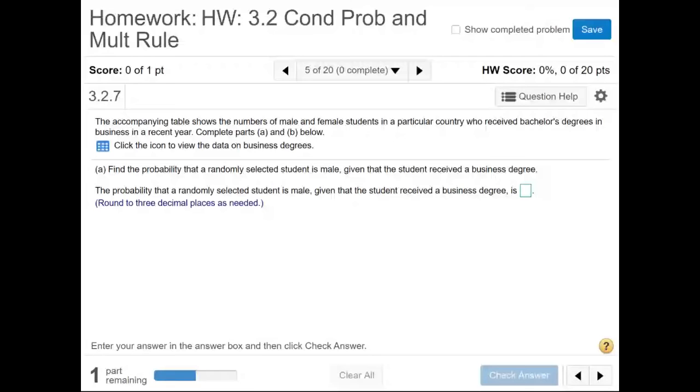So this is problem number 5 in your 3.2 homework. In case you can't open it, I wanted to show you what it looks like. It says the accompanying table shows the numbers of male and female students in a particular country who received bachelor's degrees in business in a recent year. It says complete parts A and B. So notice it says click on the icon to view the data on the business degrees. Now when I click on this, you're probably not going to see that table, but I'm going to try to share it with you so we can look at it.